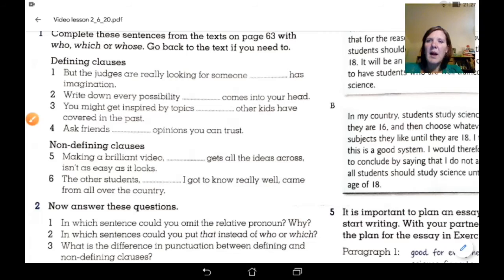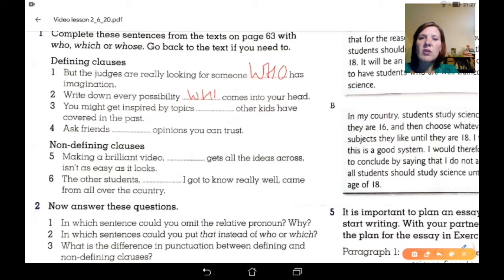Okay, so the answers that you should have had here. Very simply, the judges are really looking for someone who has imagination. Write down every possibility which, obviously, comes into your head. You might get inspired by topics. Again, we're talking about things, so which, I apologise as usual for the awful writing.